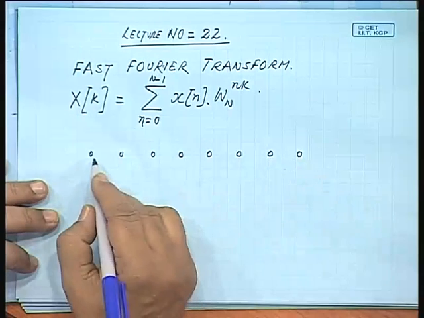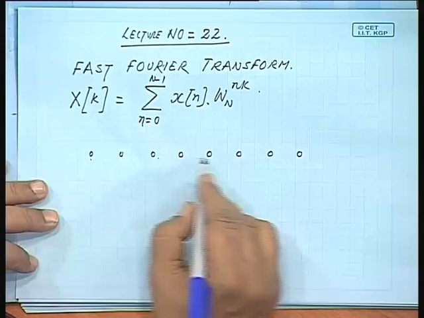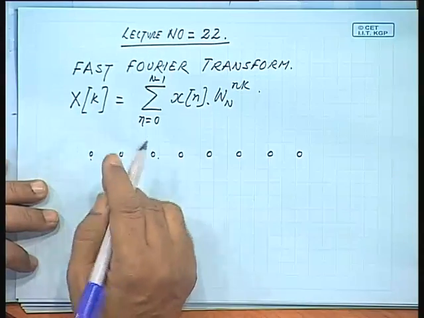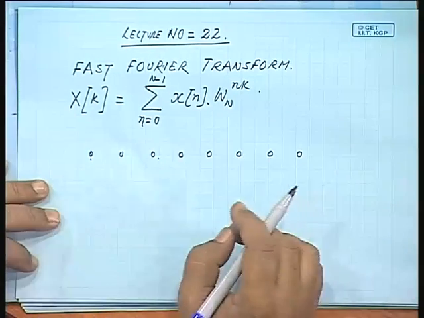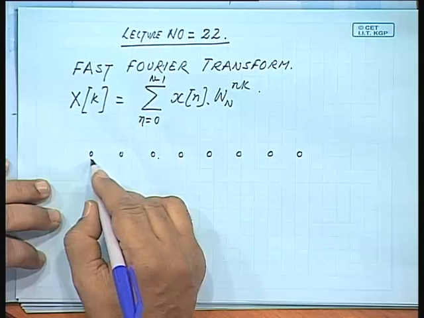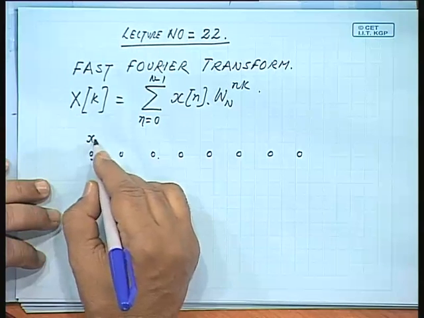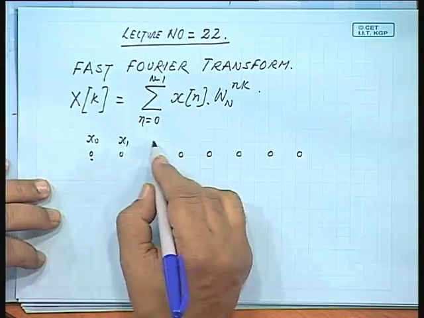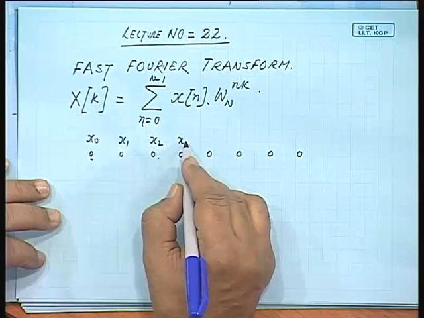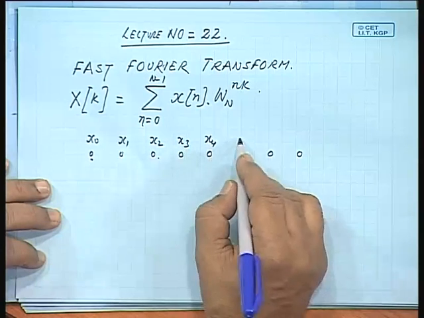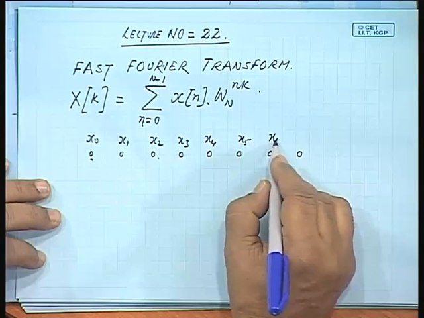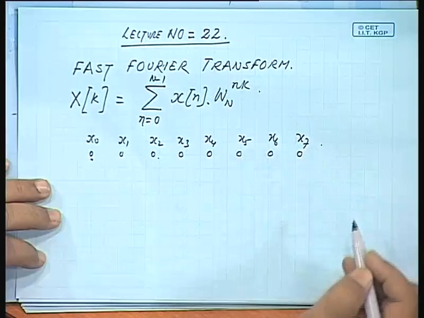Let us take 8 points: 1, 2, 3, 4, 5, 6, 7, 8. Let us pick up the even terms and odd terms and group them together. So, this is x0, x1, x2, x3, x4, x5, x6, x7.